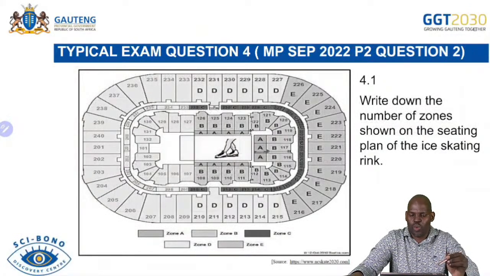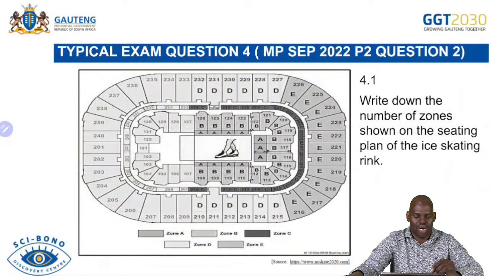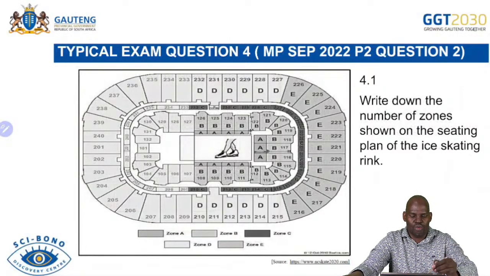Okay, then 4.1 is: write down the number of zones shown on the sitting plan of the ice skating rink. So the number of zones, if you look at the bottom of the map, there you've got zones with different notations.